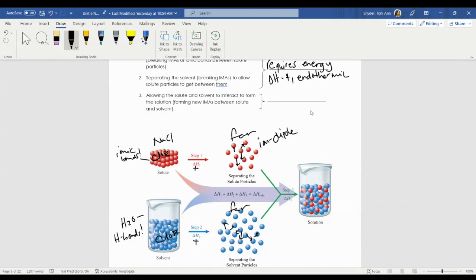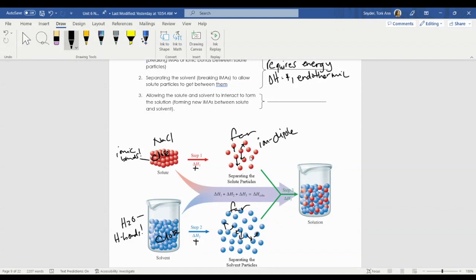When we form those ion dipole bonds, we are going to be releasing energy in that process. So allowing the solute and the solvent to interact to form the solution, when they form these new intermolecular forces or ion dipole, sometimes you could have hydrogen bonds that could form between them. Maybe you have dipole-dipole, but a lot of times if you have a salt and water, it'll be ion dipole.